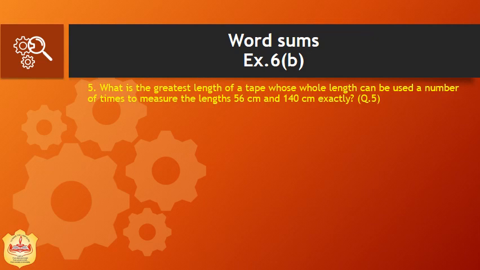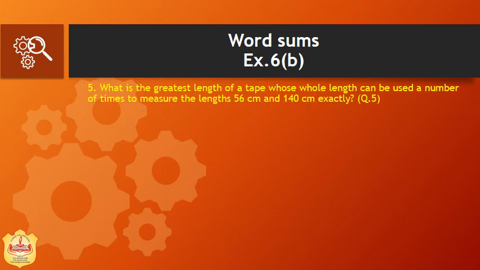This question means that you have to find out the greatest length of a measuring tape. You know what is a measuring tape? By which we measure the length of different objects, right? So you have to find out the greatest length of a measuring tape whose whole length can be used a number of times to measure two lengths.